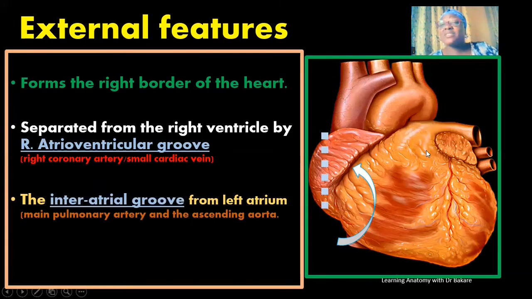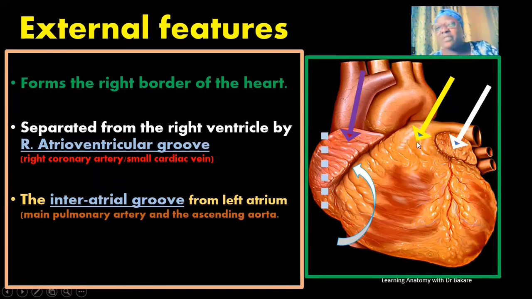There's also another groove that separates the right atrium from the left atrium. This is the right atrium here, and this is where we have the left atrium. Between the two atria, you also have a space that is created between them. This space also allows for the passage of two vessels, and the first one is the main pulmonary artery. Remember the pulmonary artery carries deoxygenated blood from the right ventricle.